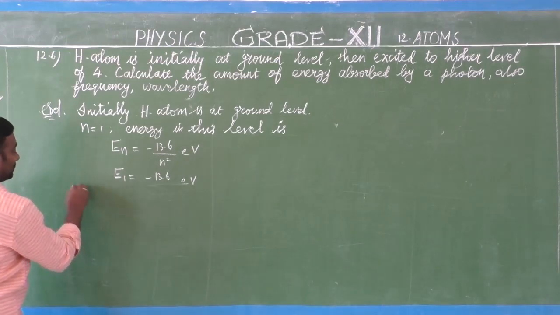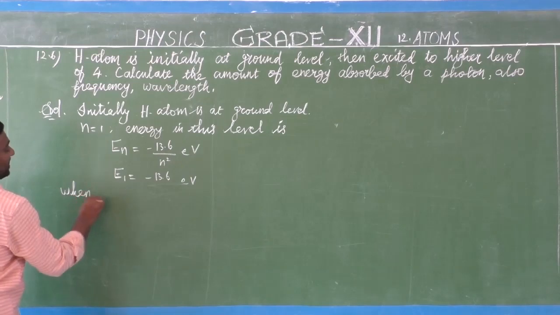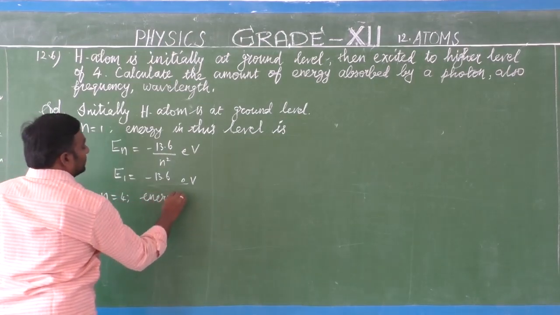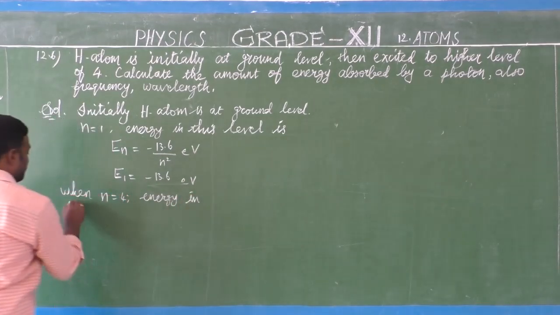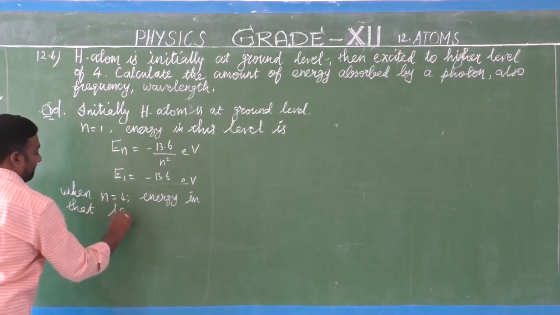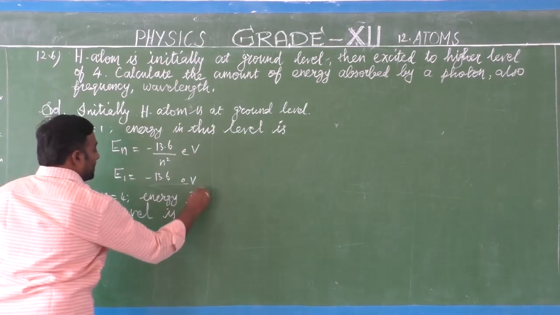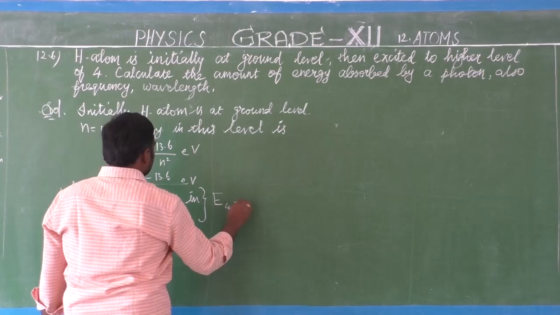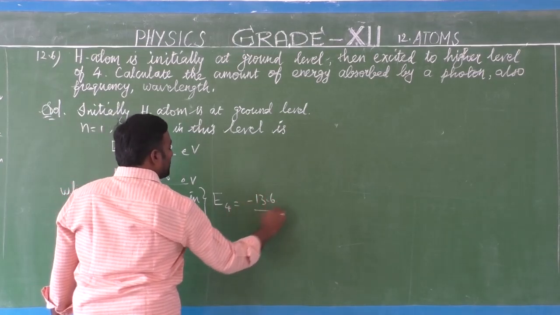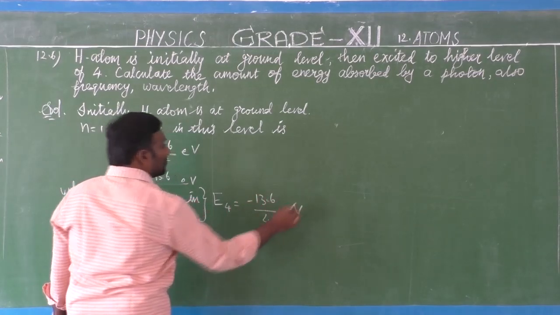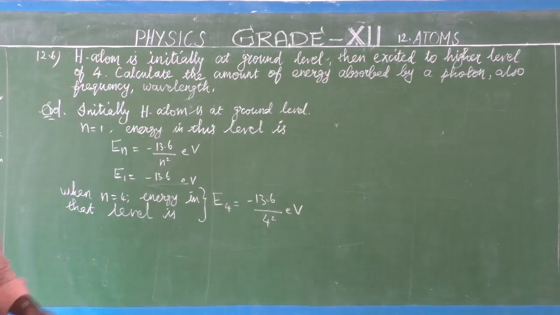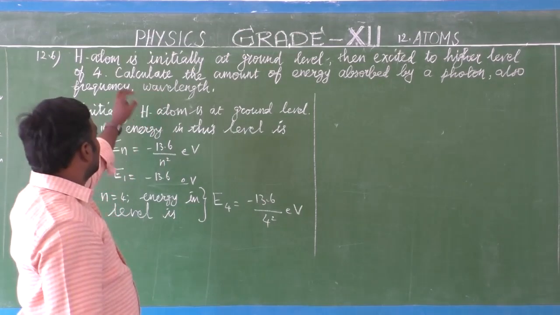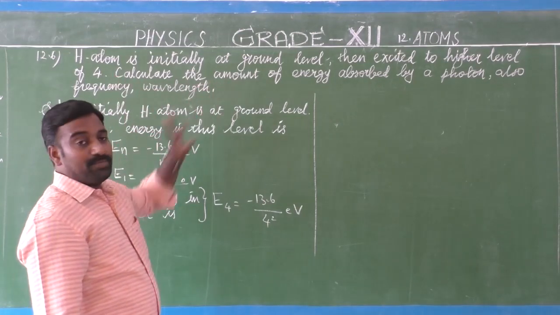Now, when n is equal to 4, the energy in this level, E4, is equal to minus 13.6 by 4 square electron volt. But what they ask in the question is to calculate the amount of energy absorbed by the photon.